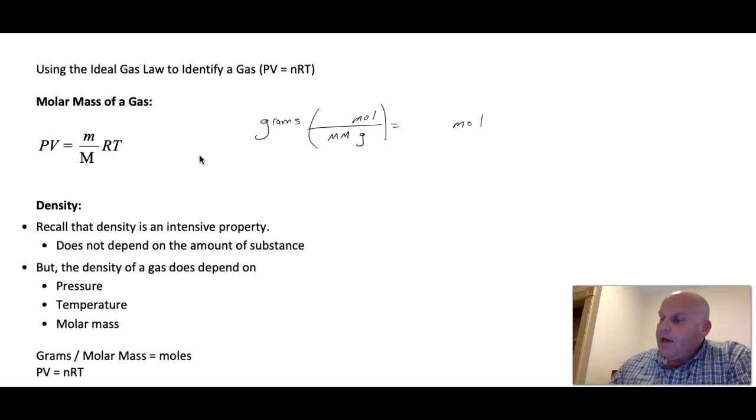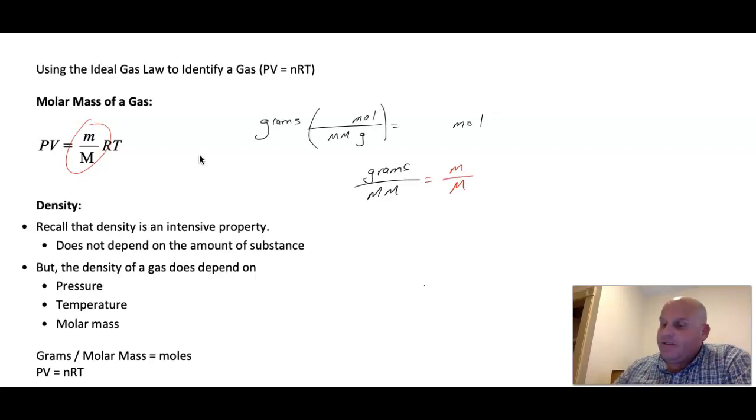What I'm really doing here is dividing the grams by the molar mass. If I abbreviate that differently, which I've done here, I use the lowercase m to signify grams and the capital M to signify molar mass. So we know that moles equals grams over molar mass.